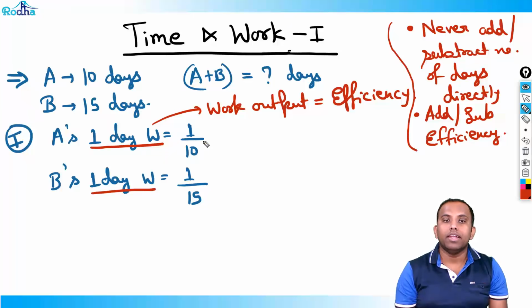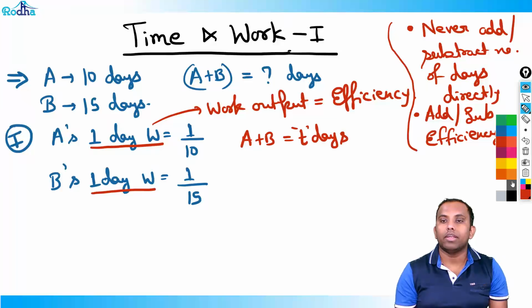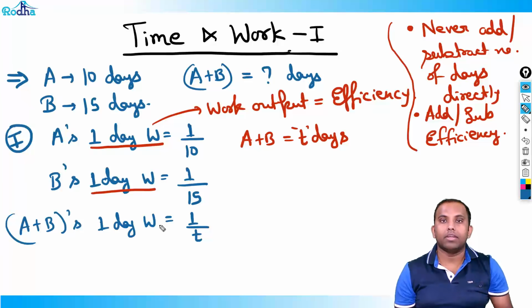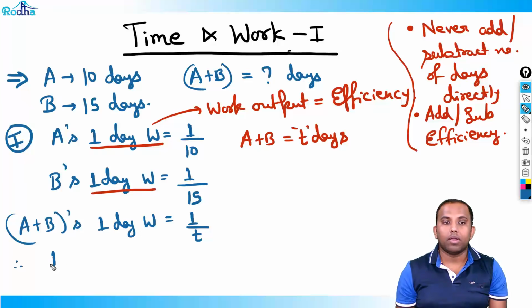So what is efficiency? It is 1 by 10. It is 1 by 15. Now let's say A plus B can do a work in T days. So their 1 day work will be how much? A plus B's 1 day work is 1 by T. That basically means 1 by T is equal to 1 by 10 plus 1 by 15.